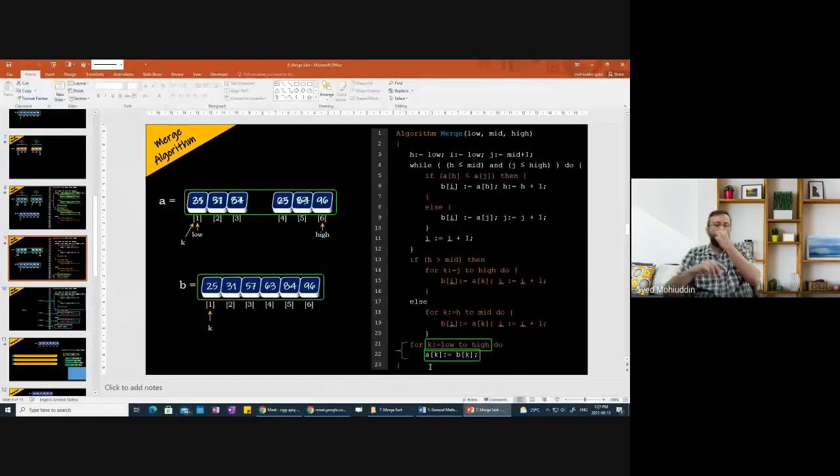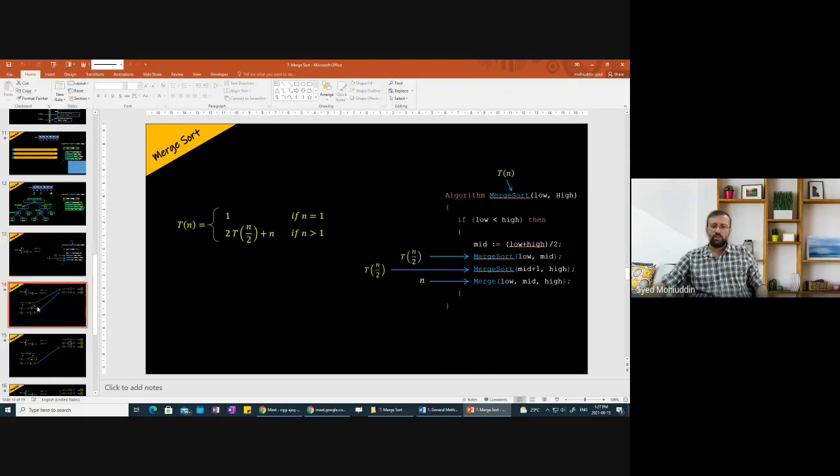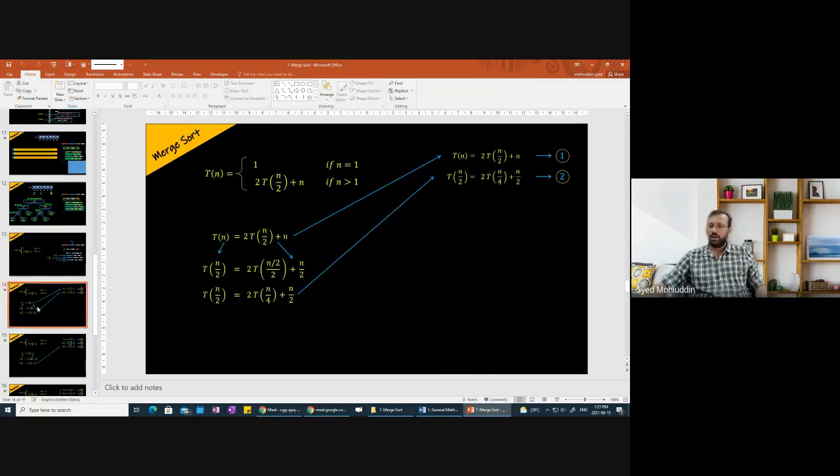And if it is just asked theoretically, you write the algorithm and just say that the time complexity of the merge algorithm is O of n, and the overall time complexity of the merge sort algorithm in the worst case is O of n log n. You don't have to use the recurrence relation to solve and show that it is O of n log n.